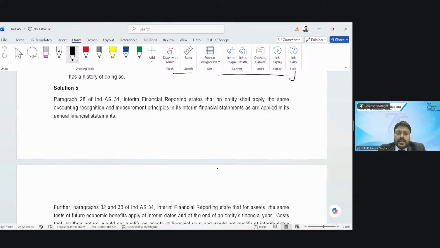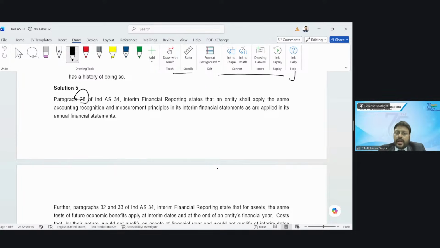So I don't say that you need to mention the para number, but always try to start your answer with the relevant standard to which the theoretical case is related, right? If you are not mentioning even the standard number, do mention the standard name at least, if you are not able to recall the number.